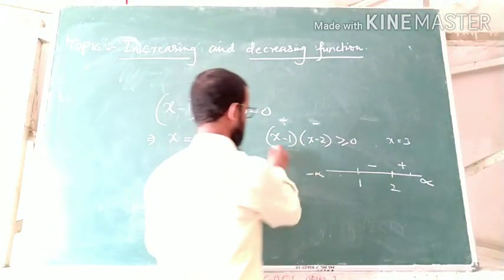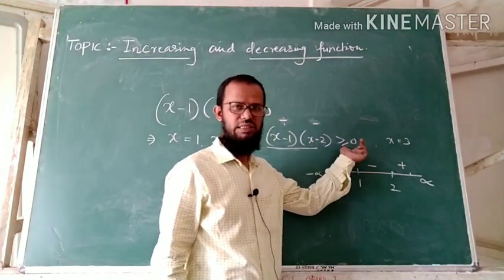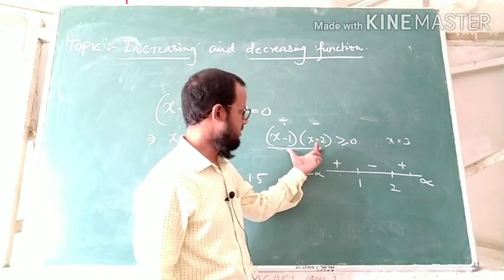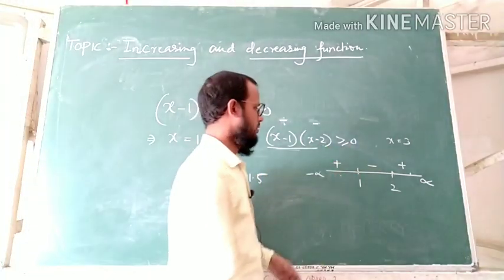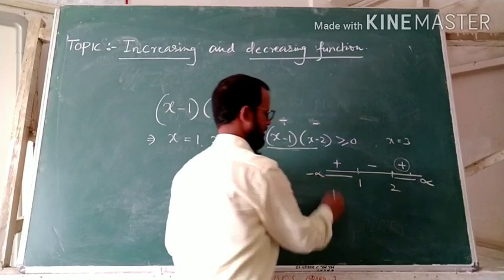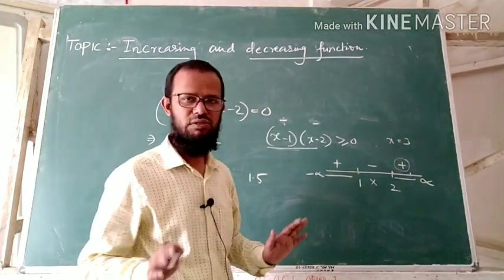So ultimately the expression is positive. Since we need the expression greater than or equal to 0, we consider the parts where it is positive: this part and this part. In this middle part it is negative, so we will not consider it.